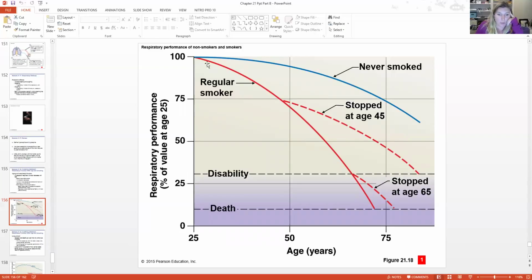Someone who is a smoker has respiratory disabilities by about age 70 or so. But if they stop smoking at age 65, that increases. Look, if you stop smoking at 45, look how much better your lungs are over your lifetime. So it's never too late to quit.